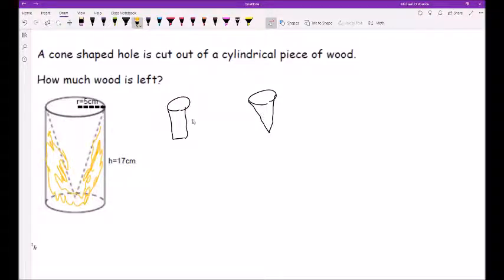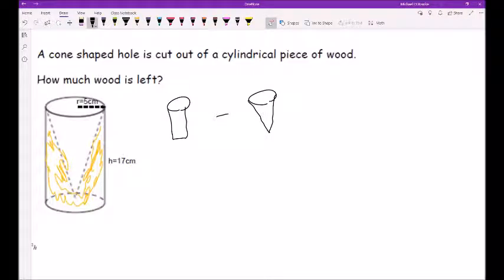So if we had a big block of wood and we shaved out a cone, are we going to add these two shapes or are we going to minus them? We're going to minus them. Because if you think about it, we started with a block of wood and then we took out wood to make our empty cone.